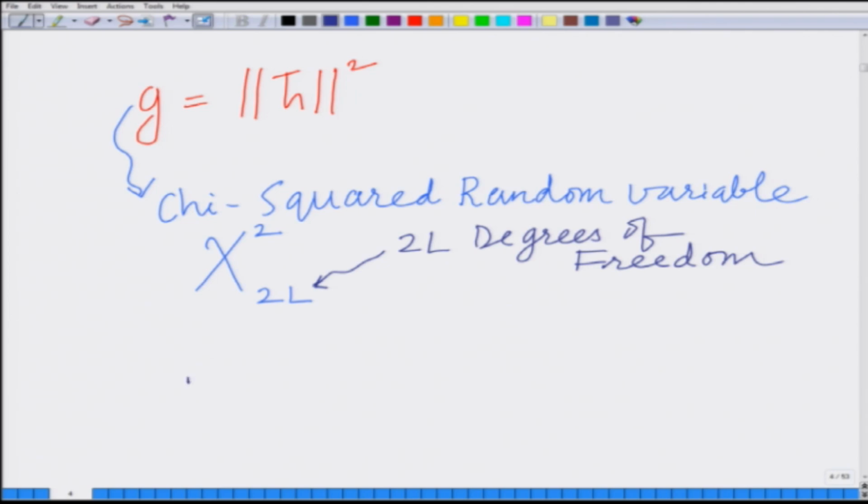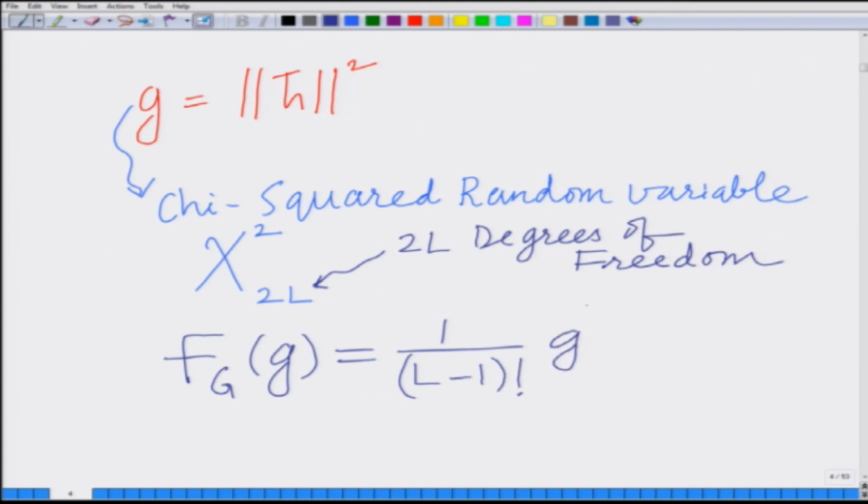And the probability density function of this random variable is given by f of G equals 1 over L minus 1 factorial G to the power of L minus 1 e to the power of minus G. So, this G, which is norm of H bar square, is a chi-square random variable with 2L degrees of freedom, where L is the number of receive antennas.